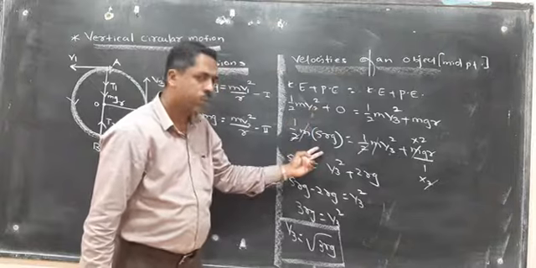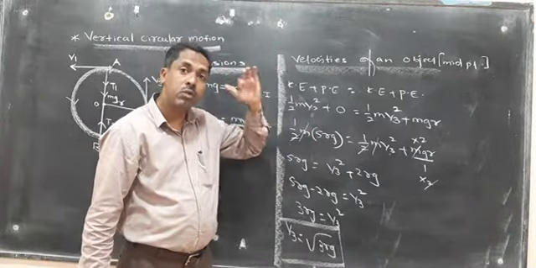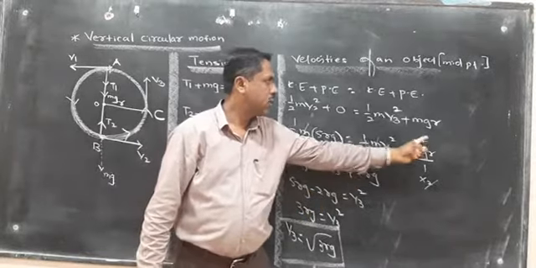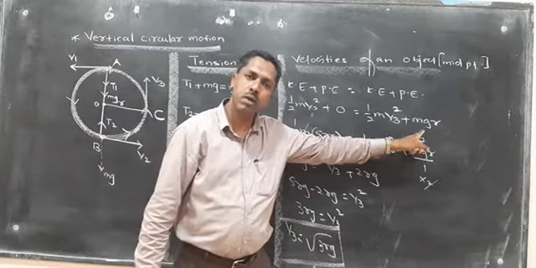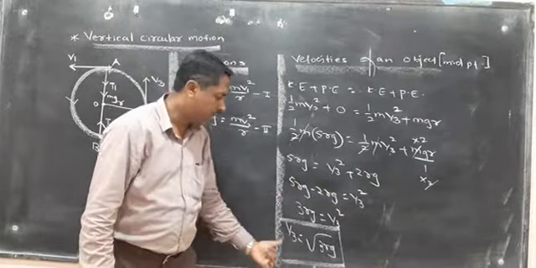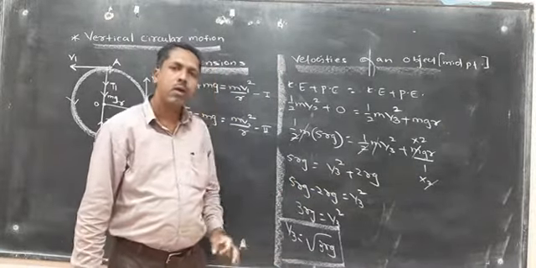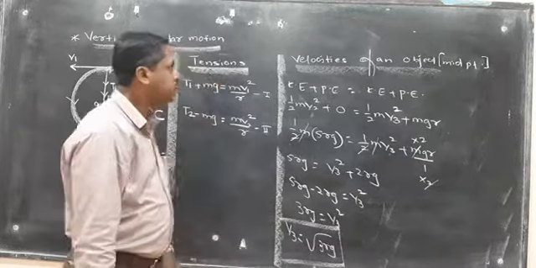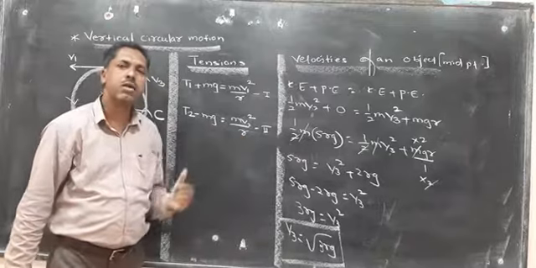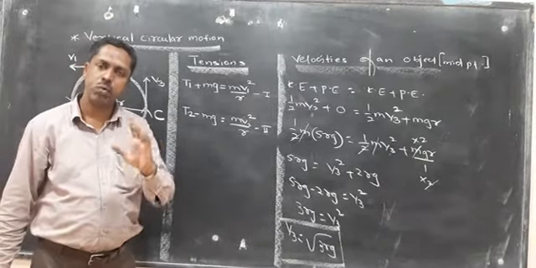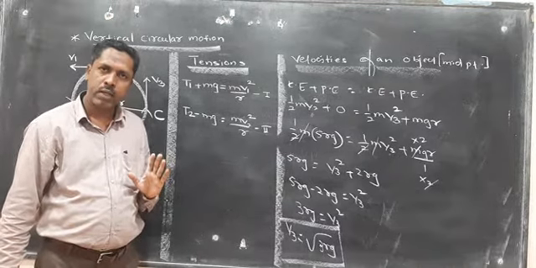Put the value of v2. v2 is under root 5rg, so v2 square is 5rg. 1/2 m v3 square plus mgr, nothing is there in the denominator, multiplied by 2 for leveling. 2 gets cancelled, m gets cancelled, finally we get v3 is equal to under root 3rg. That's all. So this is about the tensions and the velocity of an object while performing vertical circular motion.